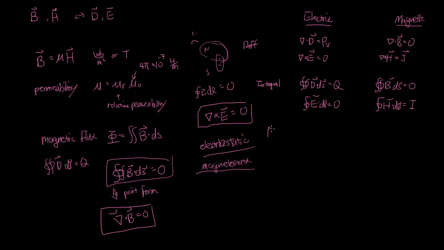We also looked at the flux density. So the relationship between the actual field versus the density of the field lines, which is related to the materials. The electric flux density is going to be related to the electric field through epsilon. The magnetic flux density is going to be related to the magnetic field through mu.